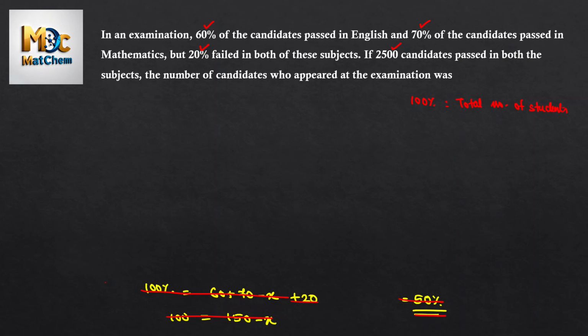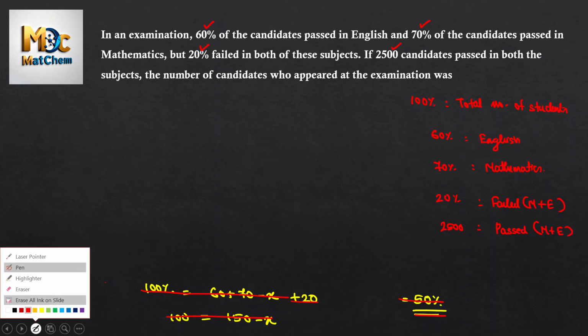In that 100%, 60% passed in English, 70% passed in mathematics, 20% failed in mathematics as well as in English, and 2,500 passed in both mathematics as well as in English.